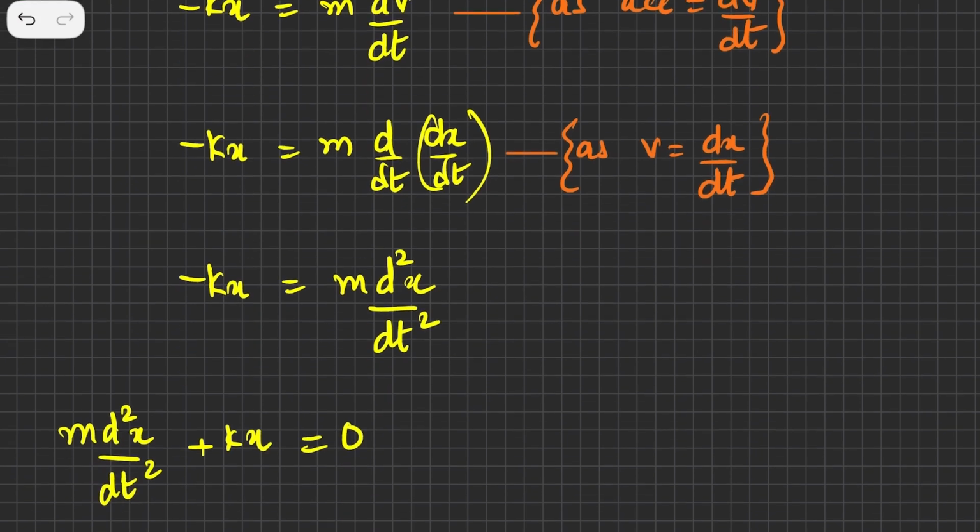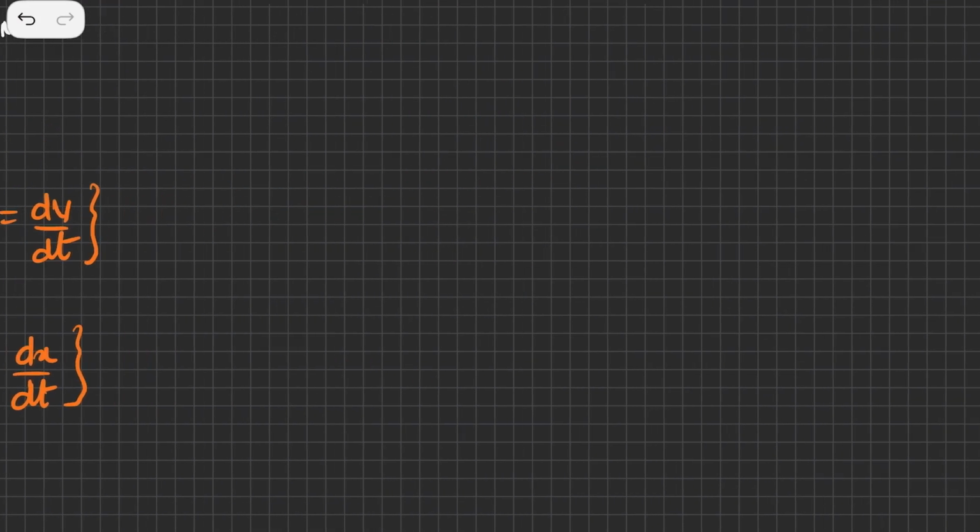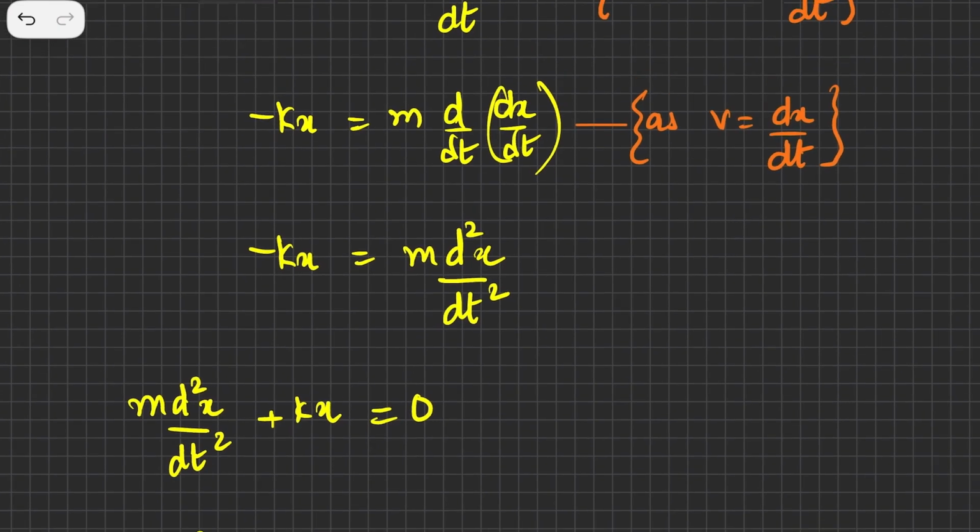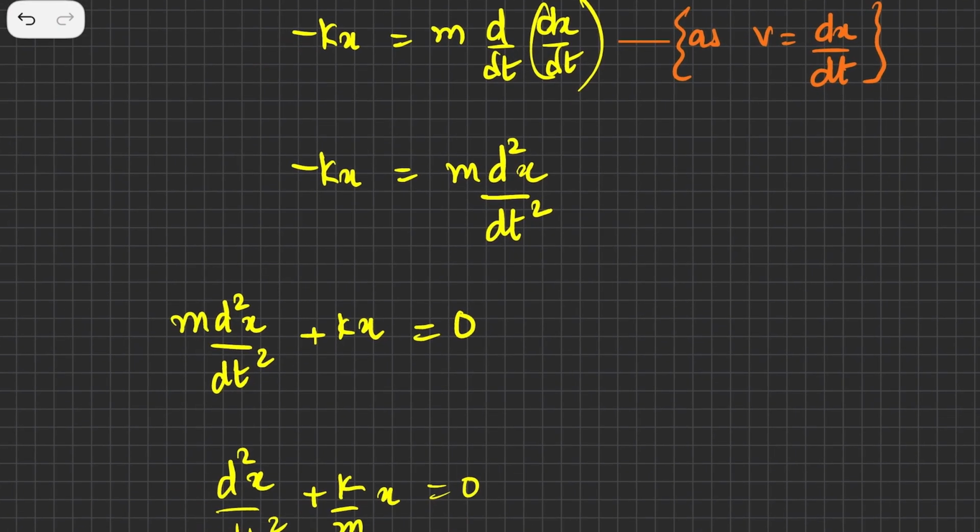Now there are two derivatives of displacement, so I am writing d2x upon dt2. Mind you, this is not a square, it's just a second order derivative. That means differentiating displacement twice with respect to time gives you acceleration. You differentiate once and then you do it again.